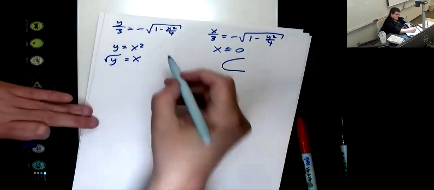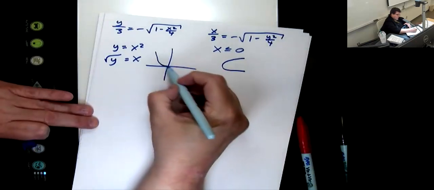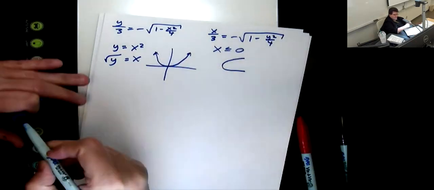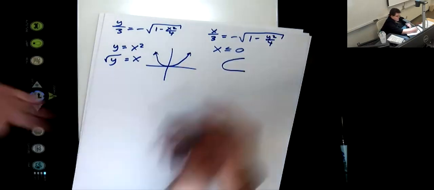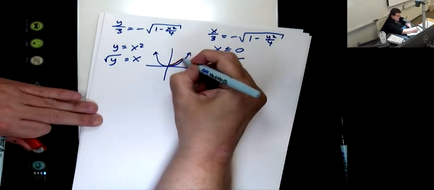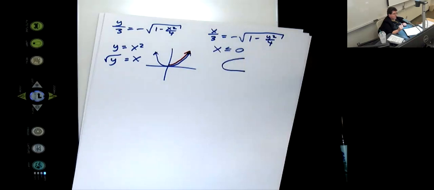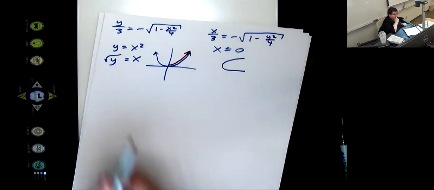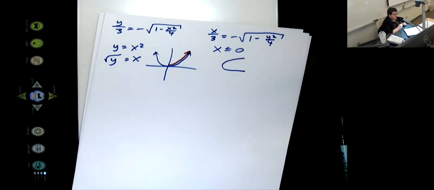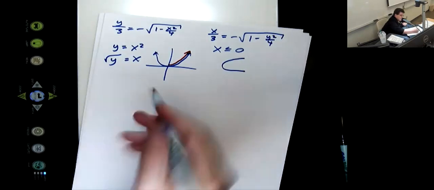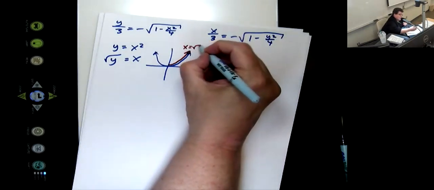You're not used to seeing it. y equals x squared is the whole thing. x equals square root of y is just the positive half, because the x has to be positive because it's the square root. Square roots always spit out positive numbers. They don't spit out negatives. So this with the red would be x equals square root of y.